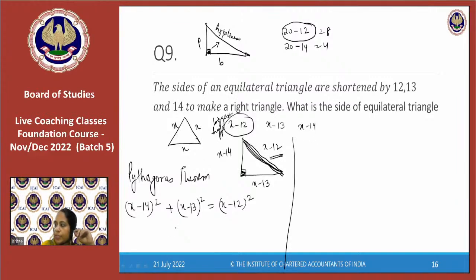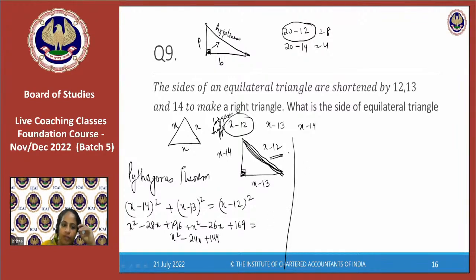Okay. Yes, very good. Everybody has given me the correct answer. Just open the bracket. x square minus 28x plus 196 plus x square minus 26x plus 169 equals x square minus 24x plus 144.